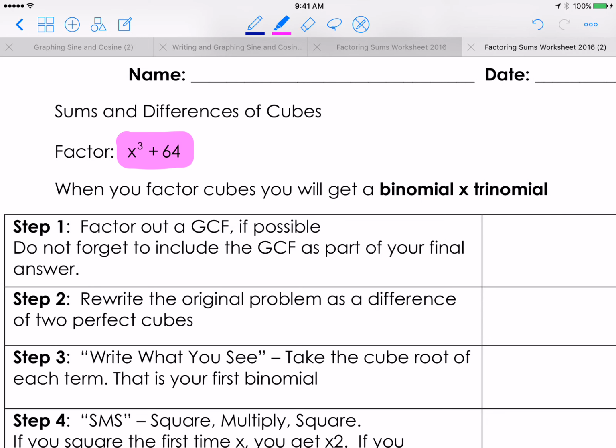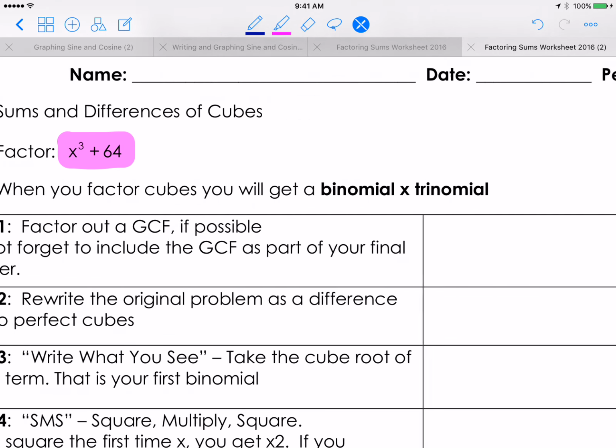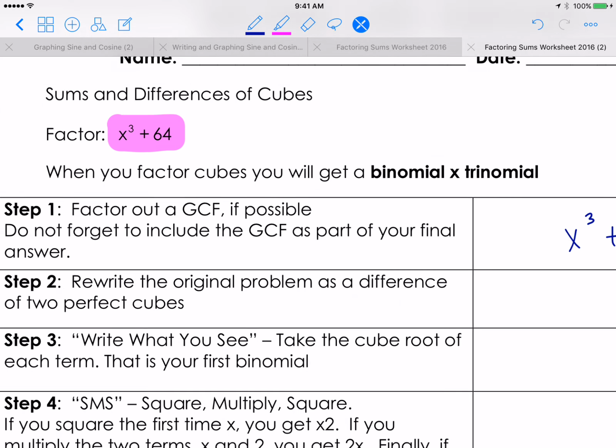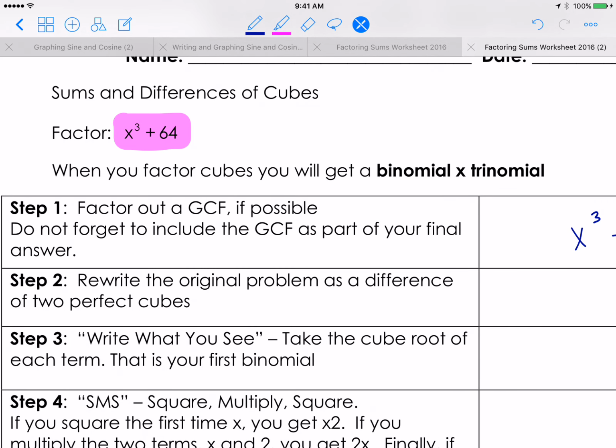So the first step is to see if there's a GCF. In our problem right here, there is no factor that we can take out of both of these terms. So we're just going to write down x cubed plus 64. Then our second step says to rewrite the original problem as a difference or sum of 2 perfect cubes.